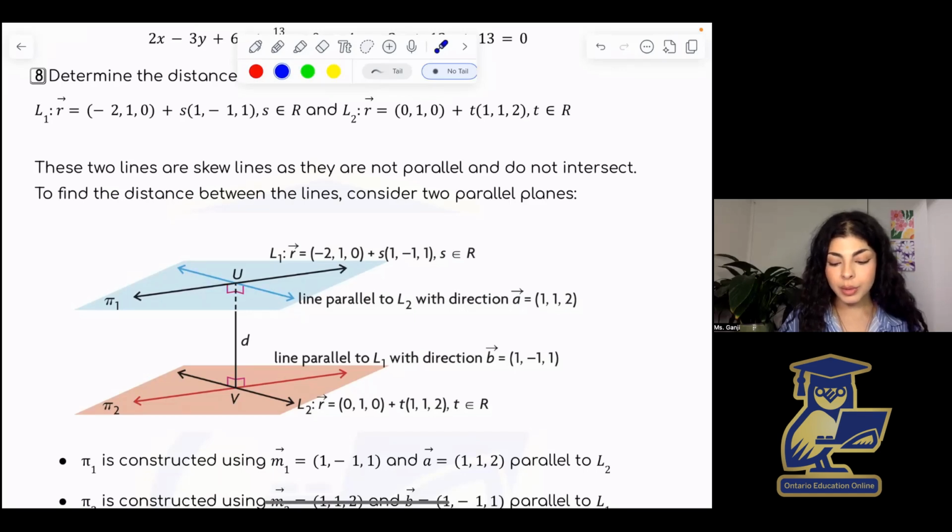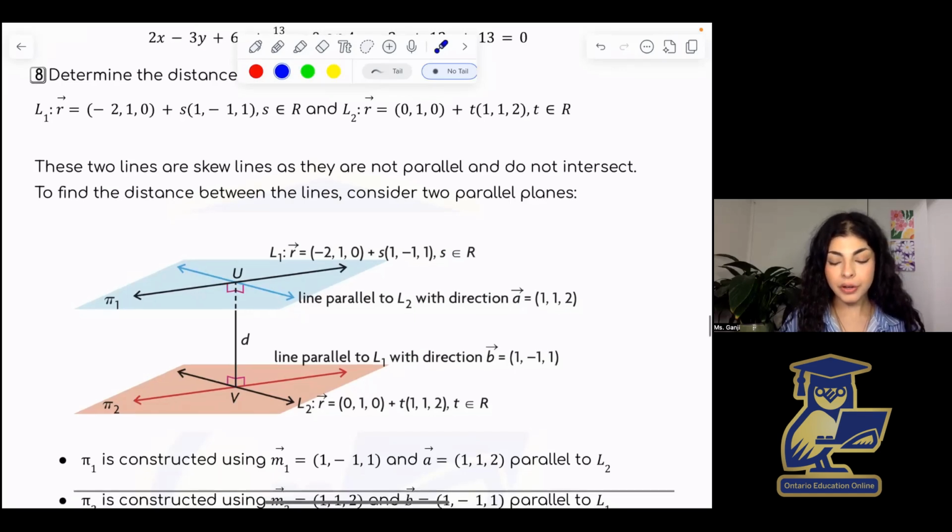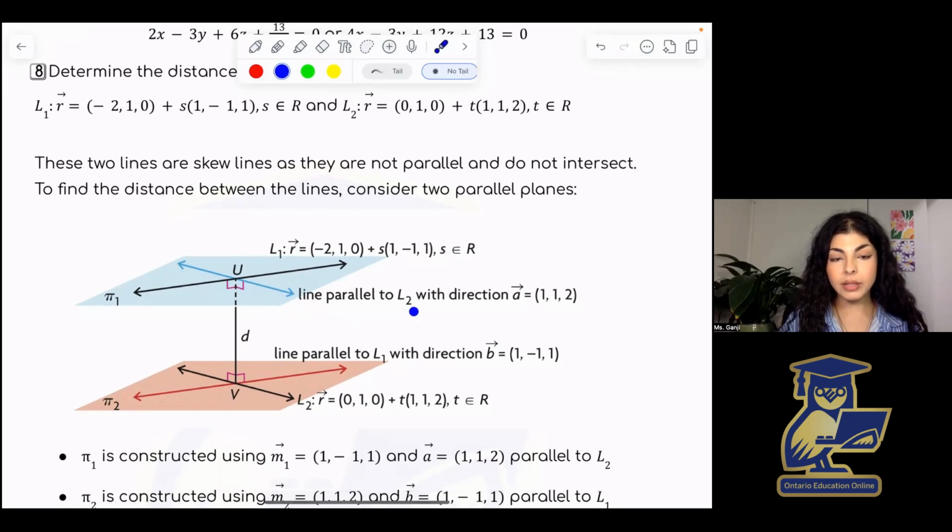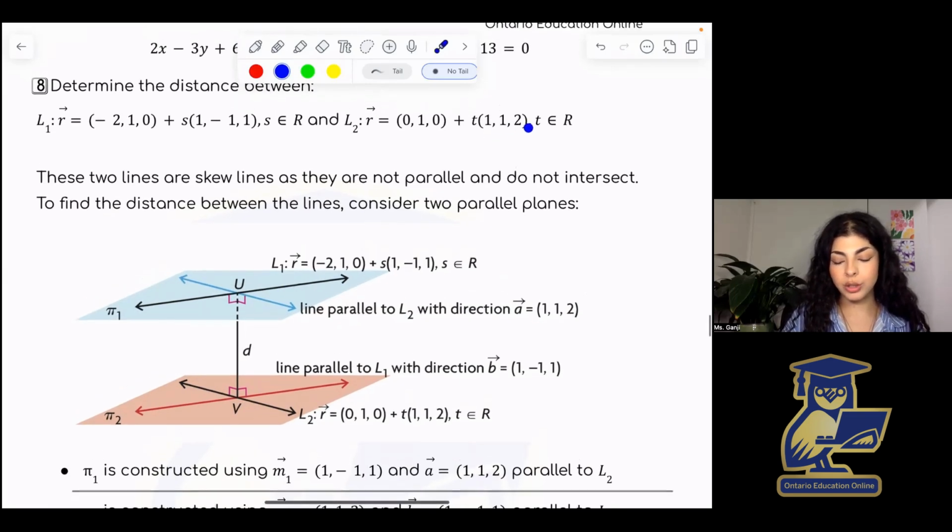So I will create another vector here that will be parallel to line 2. So this is line 1, this is line 2. And now this is another vector or direction vector that is parallel to L2. And so its direction vector is the same as L2, so 1, 1, 2.